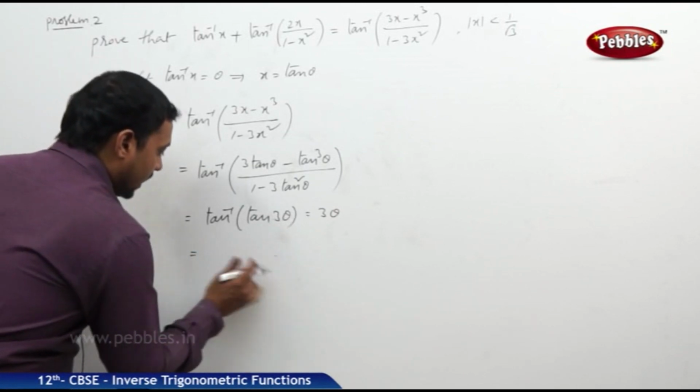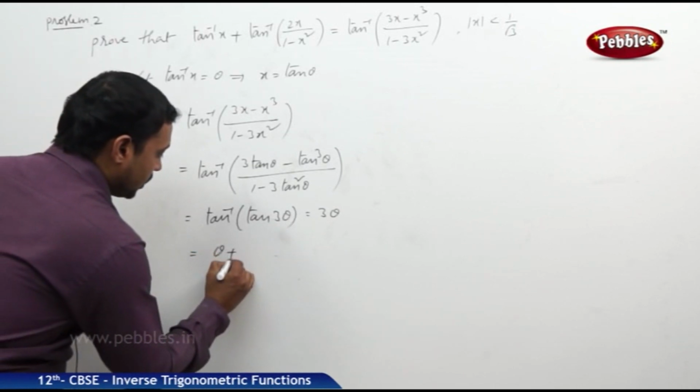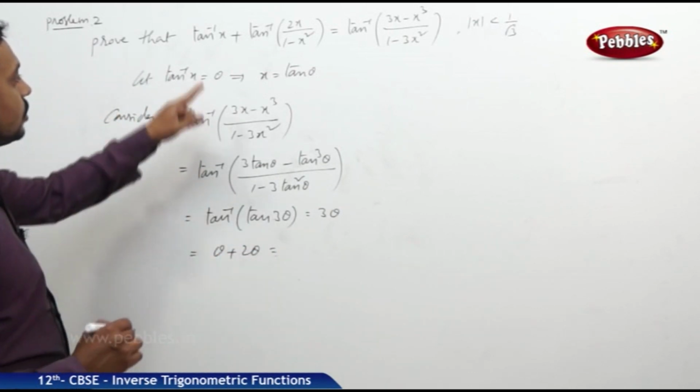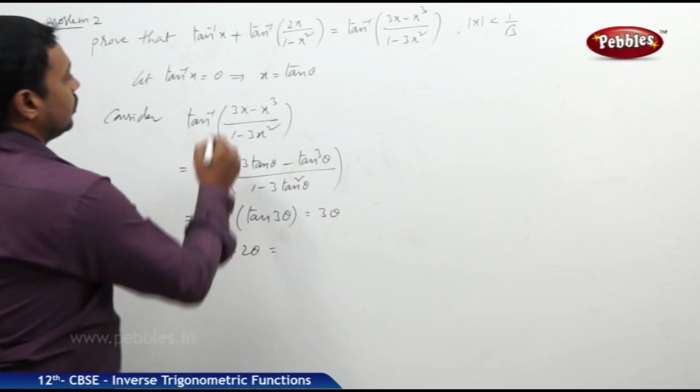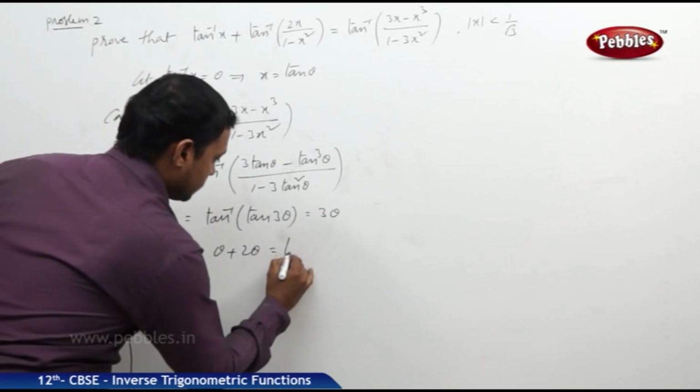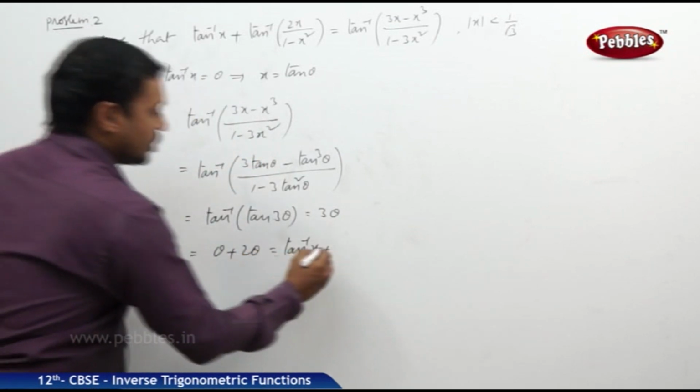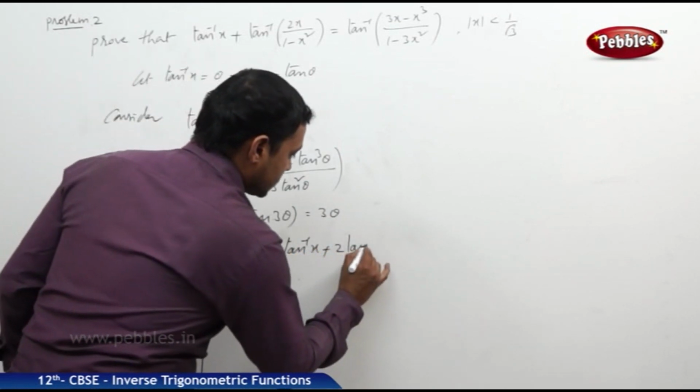3 theta can be taken as theta plus 2 theta, where theta is equal to tan inverse x, and 2 theta is equal to 2 tan inverse x.